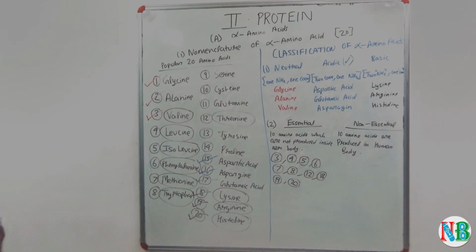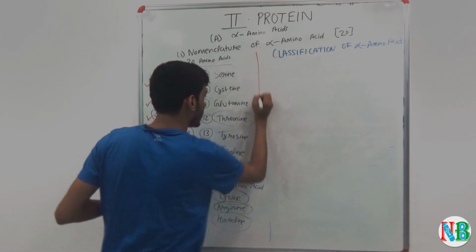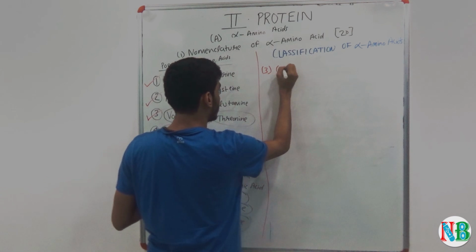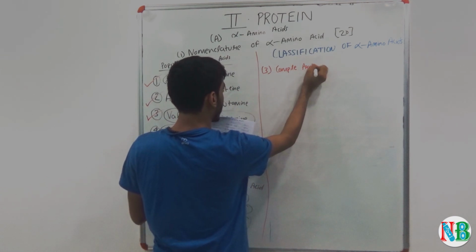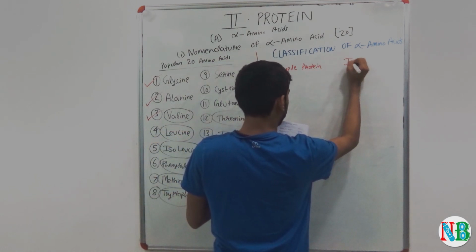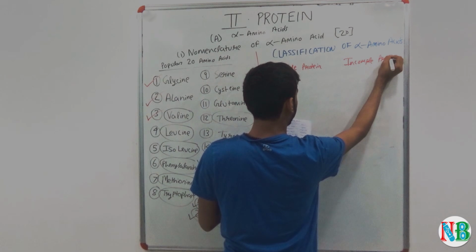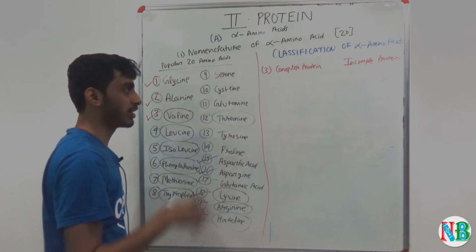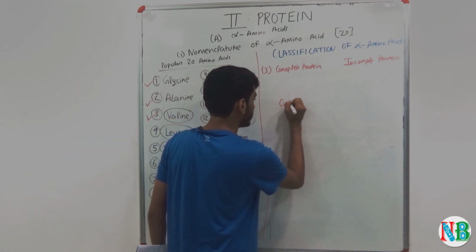Okay, simple to understand. The third type of classification is a complete protein or an incomplete protein. Suppose you go on a trip to Ooty.